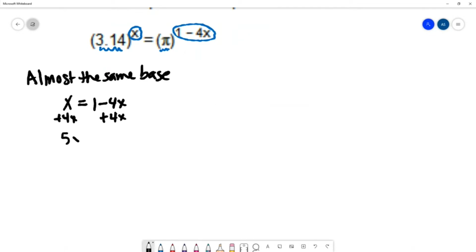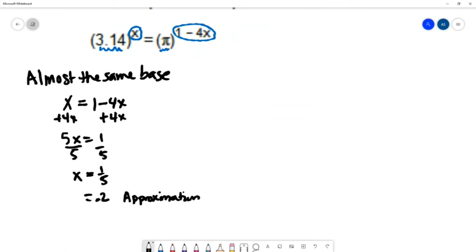That gives 5x equals 1, and then I can divide both sides by 5. That gives me 1/5, which is 0.2. So this is a good approximation, but it is not the exact answer.